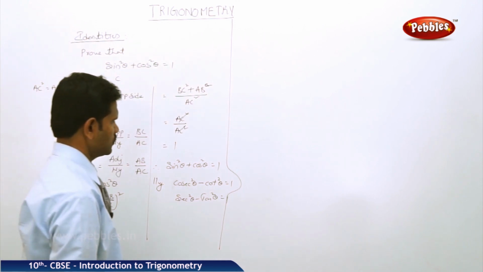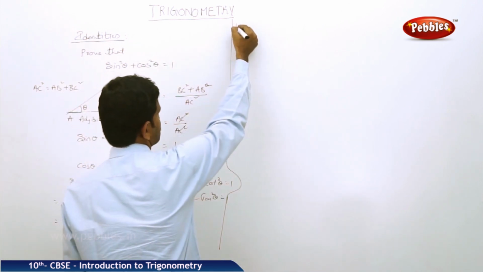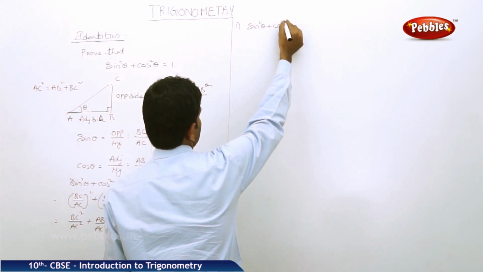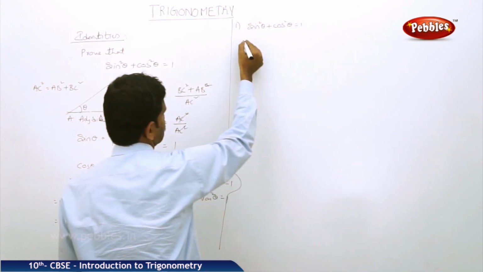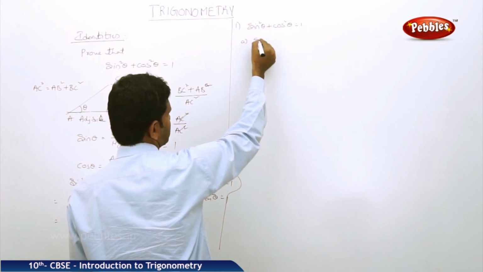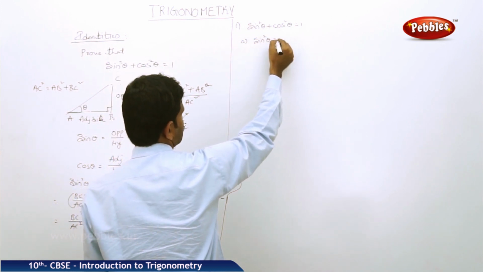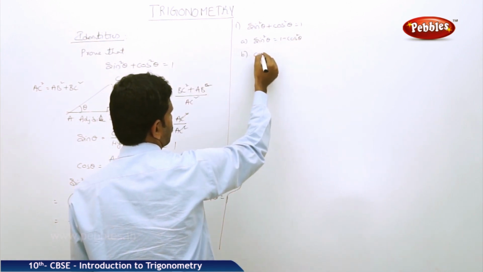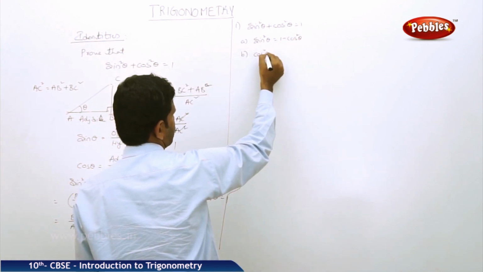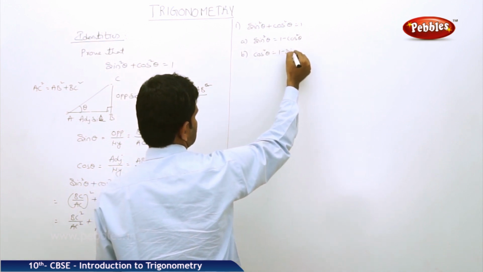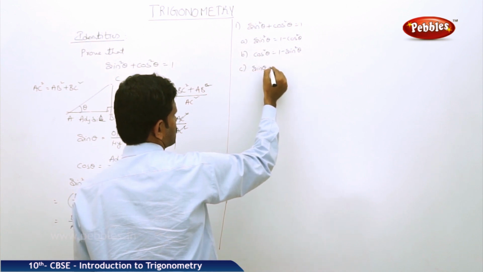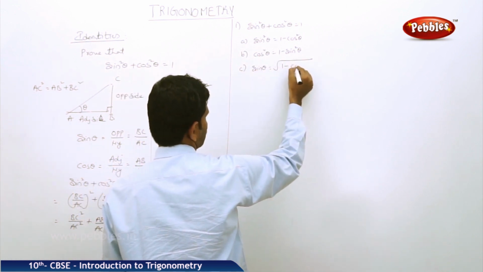Now the first identity: sin square theta plus cos square theta is equal to 1. Sub identities: sin square theta is equal to 1 minus cos square theta. Cos square theta is equal to 1 minus sin square theta. Sin theta is equal to root over 1 minus cos square theta.